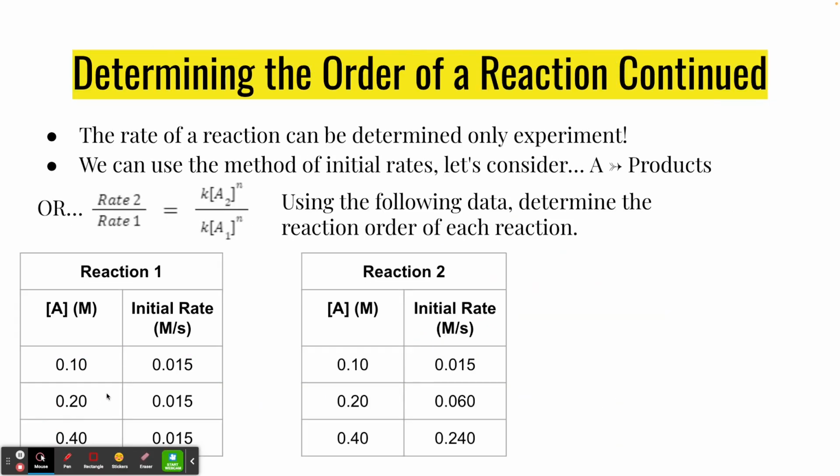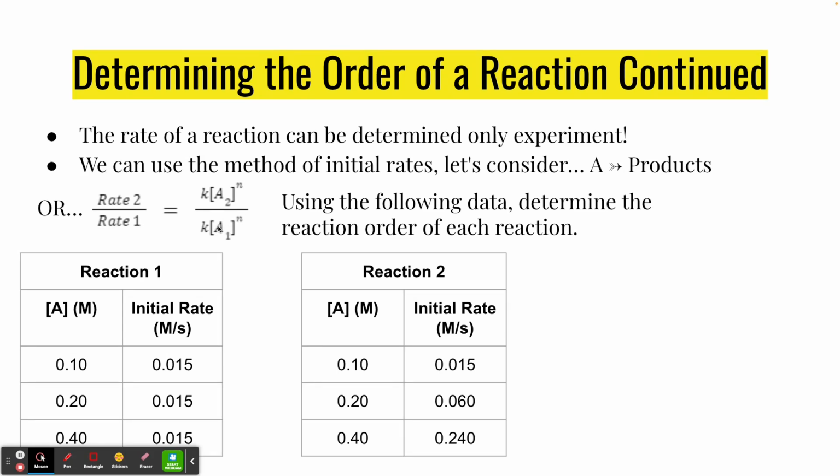All right. So this one says, the rate of reaction can be determined only by experiment. We already know that. We can use the method of initial rates, which I'm going to use for reaction 1. And then I'm going to show you the equation method, which is rate 2 over rate 1 is equal to k times the concentration of A at rate 2 raised to the n power, divided by k times the concentration of A at rate 1 to the n power.